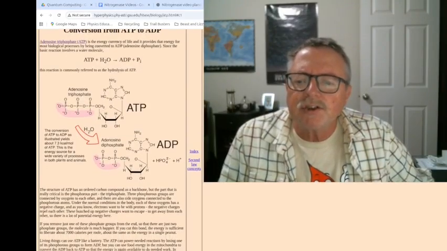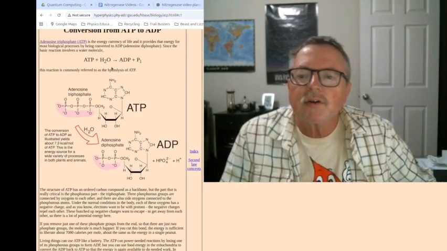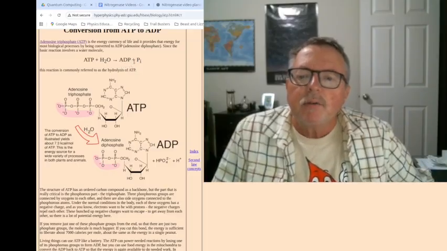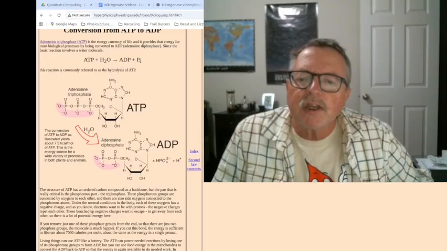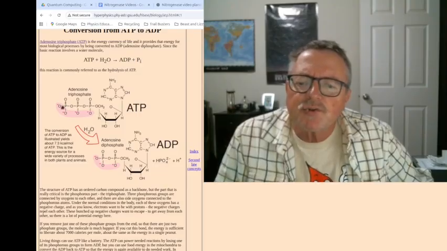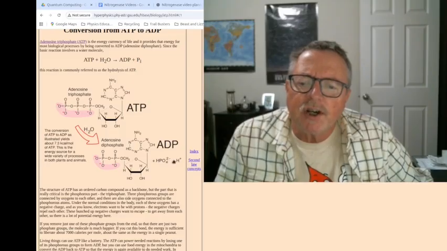Here's where the energy happens. ATP plus water creates this ADP plus an extra phosphate. Remember I said we're going to strip a phosphate off here? Well, that phosphate that gets stripped off, there it is. Here's this other phosphate over here, plus a proton.